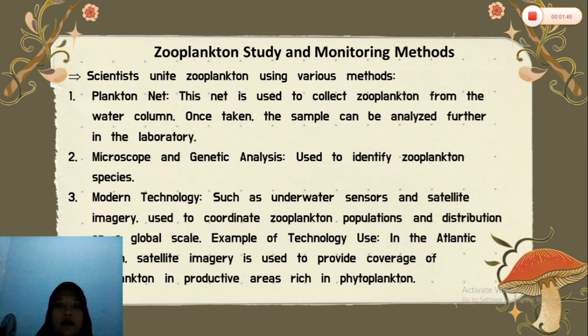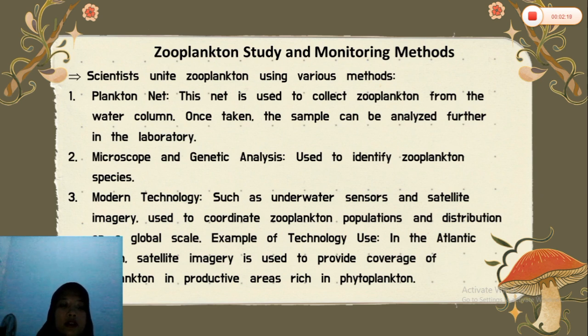Zooplankton study and monitoring methods. Scientists study zooplankton using various methods. At first, plankton net. This net is used to collect zooplankton from the water column. When taken, the sample can be analyzed further in the laboratory. Number two, microscope and genetic analysis used to identify plankton species.